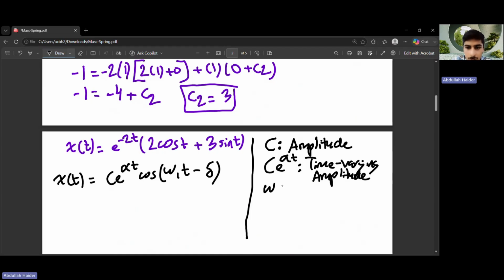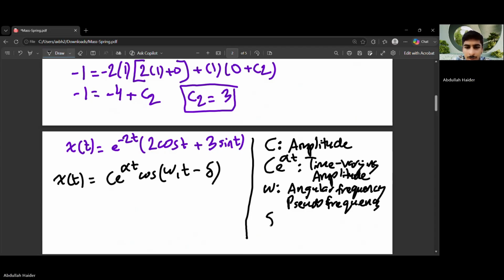And omega 1 or omega, it doesn't really matter. This is the angular frequency, and also called pseudo frequency. These two mean exactly the same thing. And this is called the time lag.